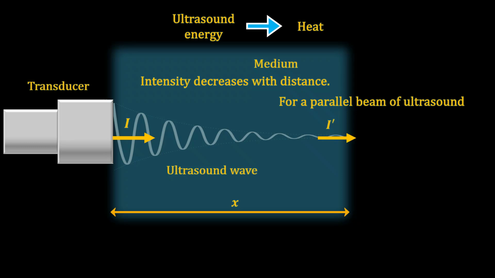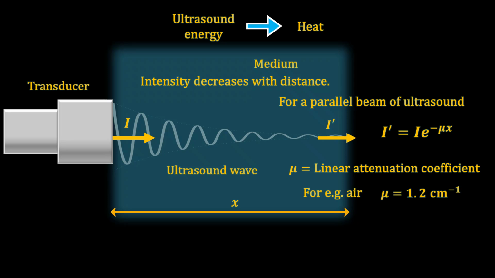The intensity I dash is related to the intensity I by the equation I dash equals I e to the power of minus mu x, where mu is called the linear attenuation coefficient.